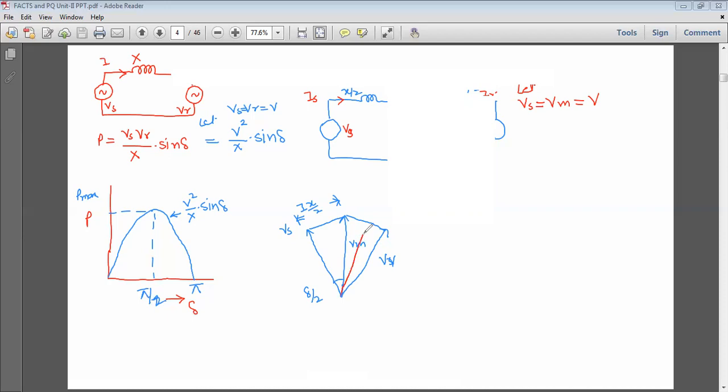Here we have drawn one more voltage vector. So how much is this reactance? This reactance is X divided by 4. This also is X divided by 4 multiplied by current, which gives the voltage, and therefore this angle is delta by 4.